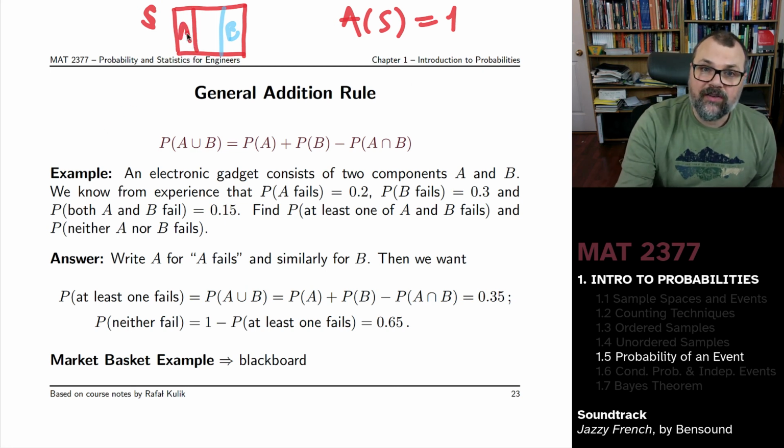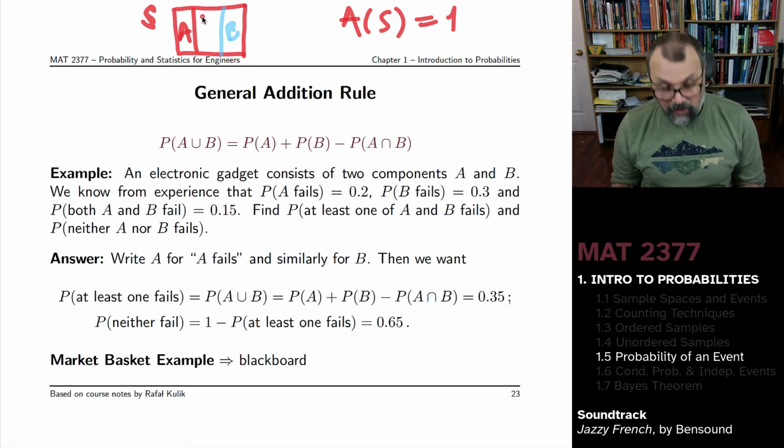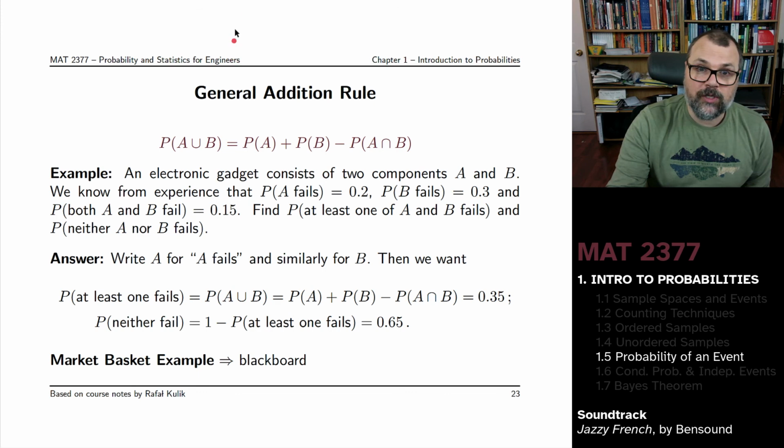When you specify the intersection, you're saying that there's a fair amount of overlap, right? 15% of the overall area is both in A and in B. So this cannot be the right chart to describe the situation. Instead, you would expect to see something like this. Again, you imagine that your sample space is area 1.